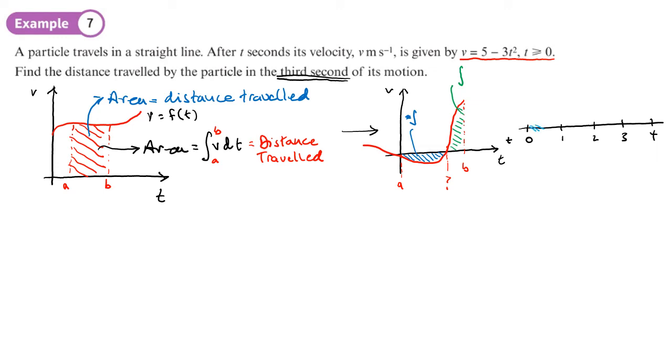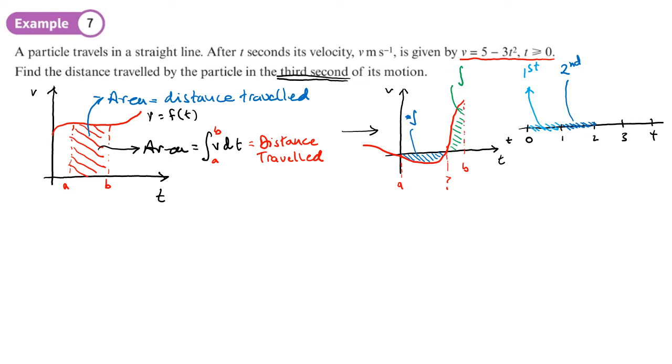This bit here is the first second of motion, its first second. So it's not actually at 1 second. It's all the time up to 1 second. This bit here is the second second. So the second second starts at the first and goes to the second.